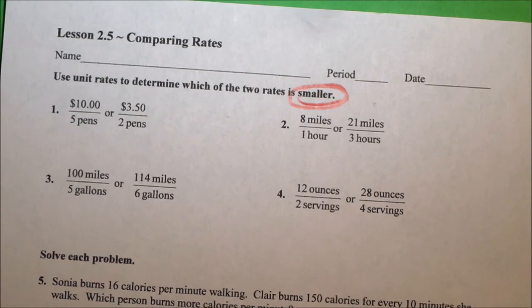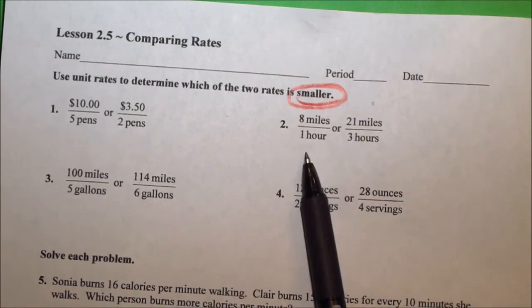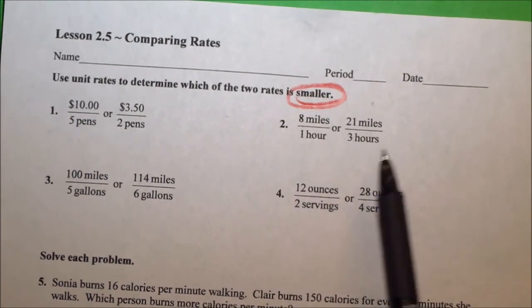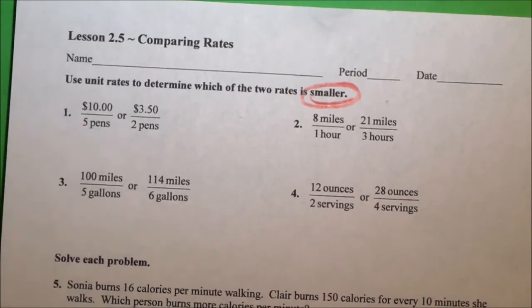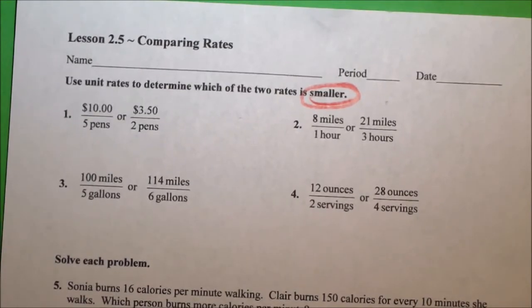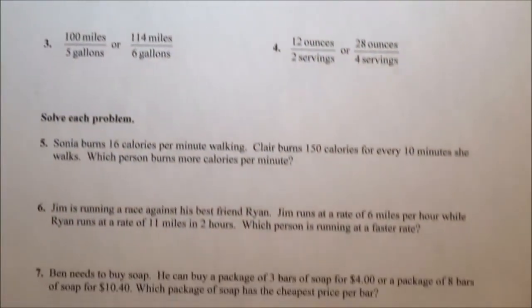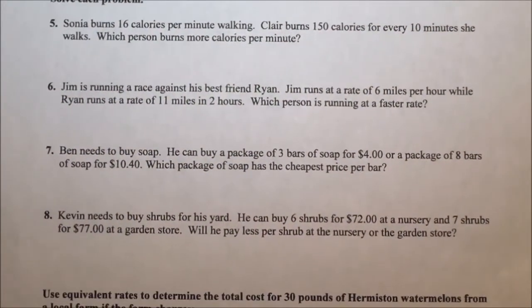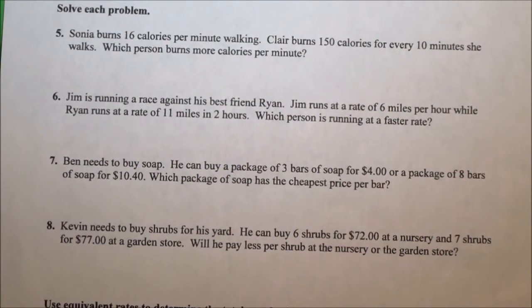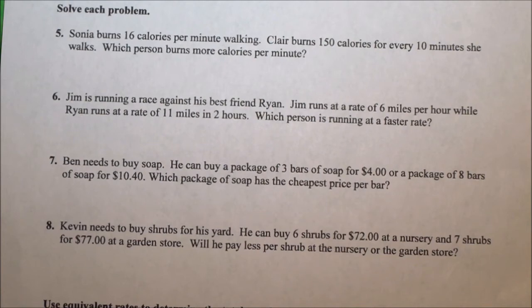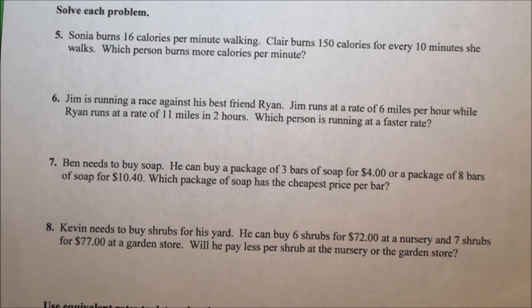So sometimes you don't have to turn it into a unit rate. It already is, so that makes your problem quicker. You just turn the other one into a unit rate and then do your comparisons. All right, so problems 5 through 6 are word problems, just like we did in our notes and in our practice problems. Nothing too difficult about them.